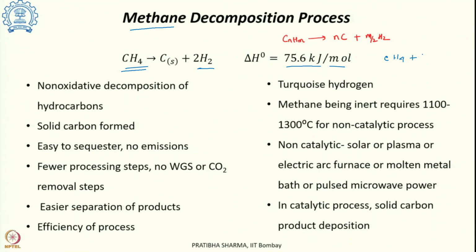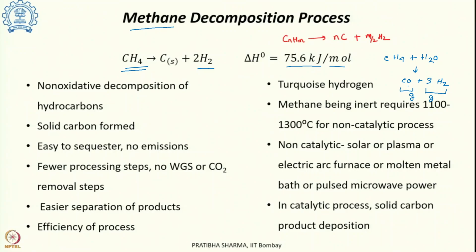CH4 plus steam produces syngas, that means carbon monoxide plus 3H2. Here both gases, carbon monoxide and hydrogen, are in gas phase. It is difficult to separate the hydrogen gas from carbon monoxide gas. Combined, it is called syngas.